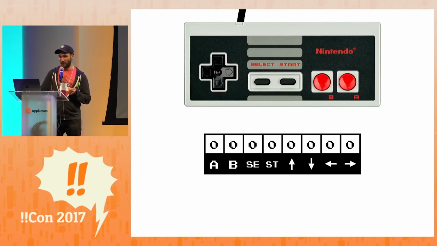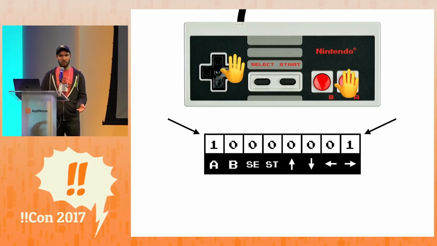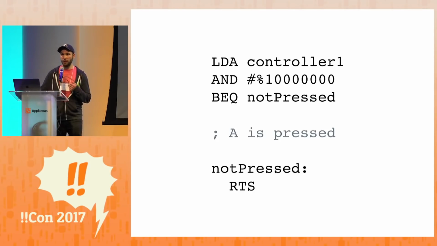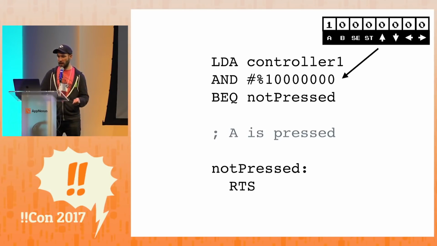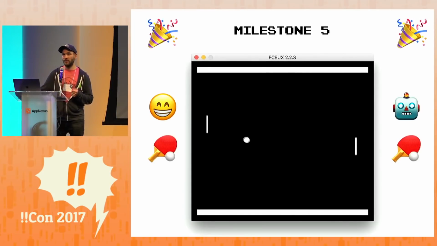When you press a button, it just toggles a bit. And if you press 2 buttons, it toggles both bits. So what you can do in assembly is read the right memory location, and then use bitwise operators to see if a button's pressed or not. Pretty cool.